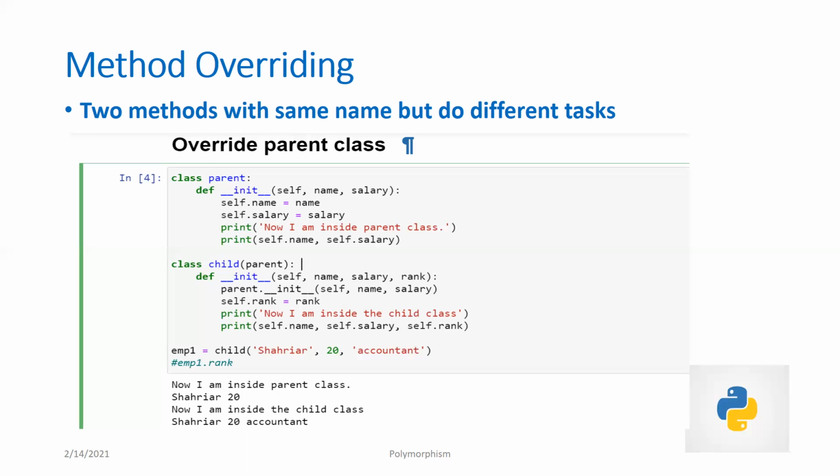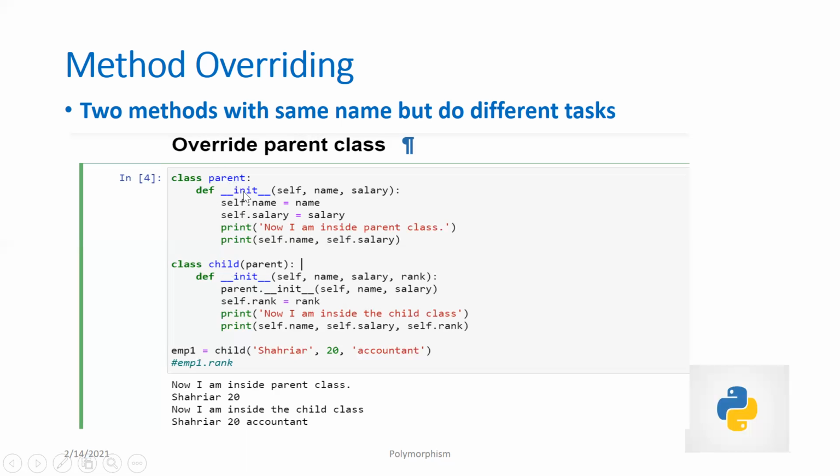In that example, we create a parent class and we create a child class of that parent class. Inside the parent class, we create an init method, and the init method takes two arguments: name and salary. But the same method is also created in the child class. I guess you already know that a child class always extends the properties of its parent class. So here it extended its properties.